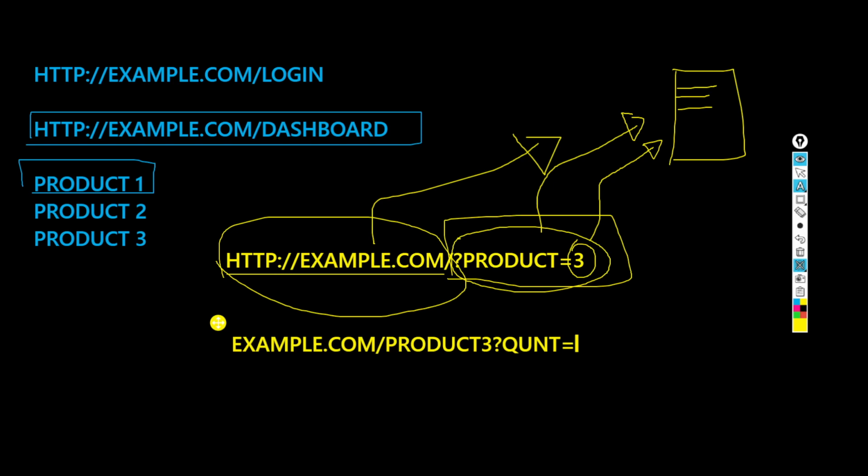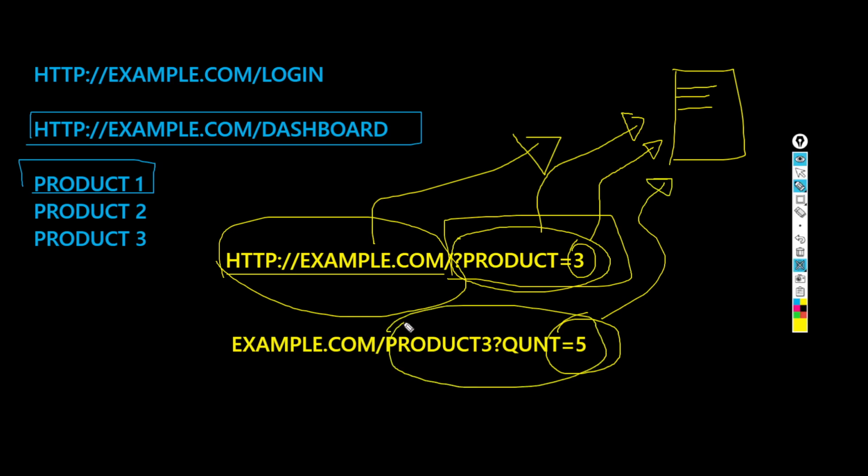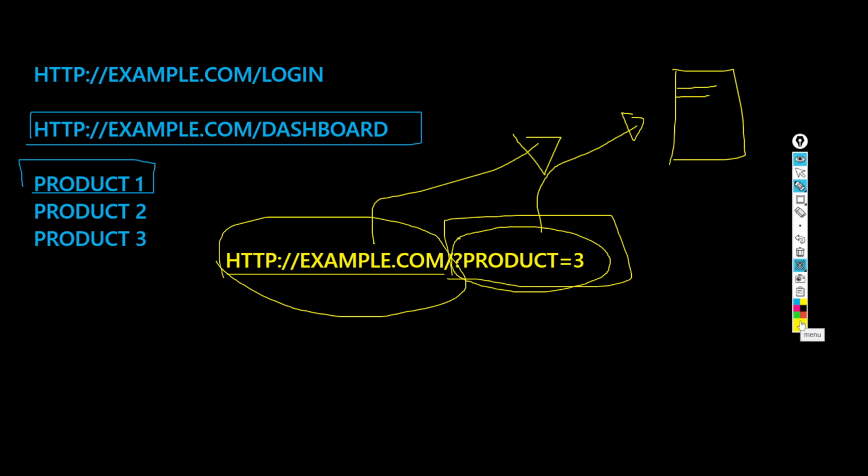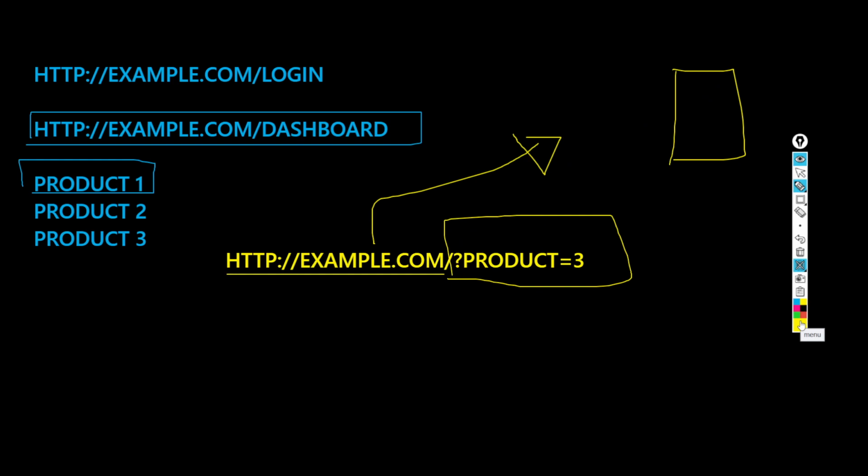So I want to purchase product three. How many quantities? Five quantities. Okay, so this is the value that directly goes to the server, and the server understands using these values. Okay, so this is what we call parameters. Got it? Any confusion here?